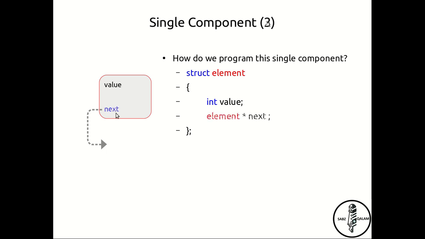And then you need a pointer. The pointer next actually points to the next element. So hence the pointer next is able to point to another element. By using this simple programming code, you can now program any single component of the data structure.